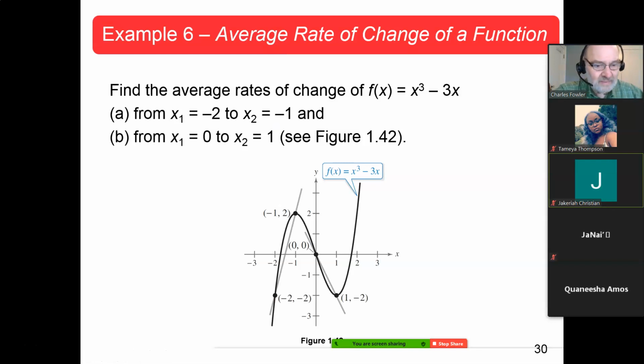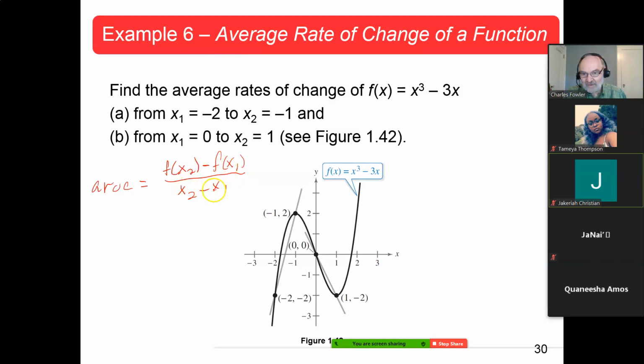Okay? Now, let me get my Wacom board and my pen again, and let's see if we can work this in here. So this average rate of change, I'm calling it AROC, just to have something to call it. That's going to be f of x2, that's your y2, minus f of x1, that's your y1, divided by x2 minus x1.